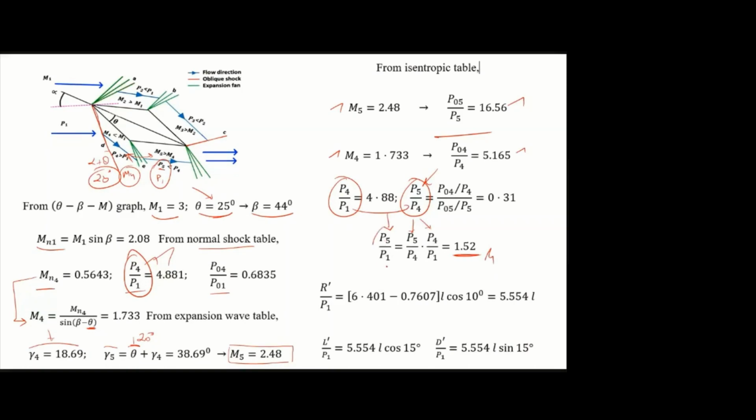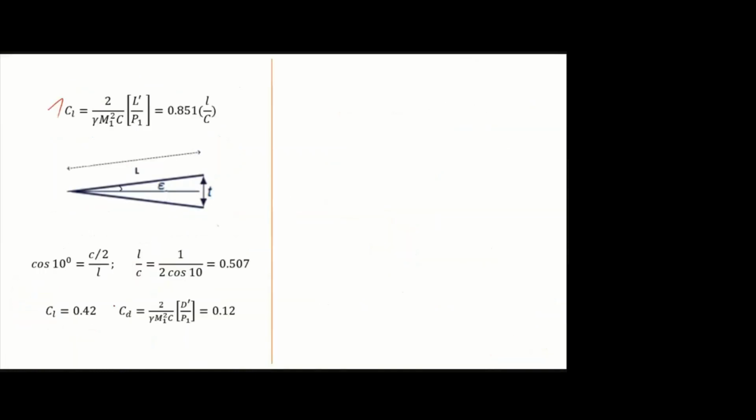Now I found all four pressure ratios. Simply substitute here. You will get R dash by P1, then L dash by P1. But we have that term L. Finally, we are going to find that also. And if you substitute that L dash by P1, you will get this term.